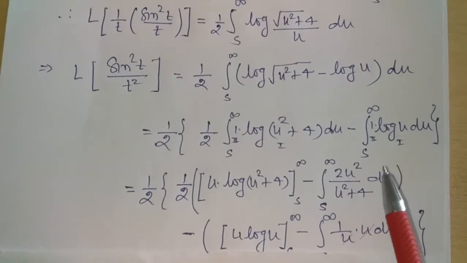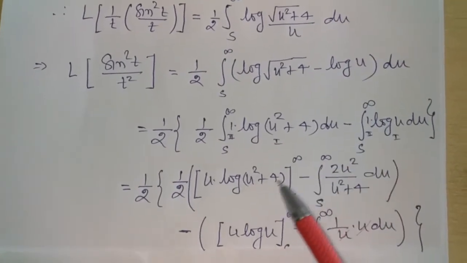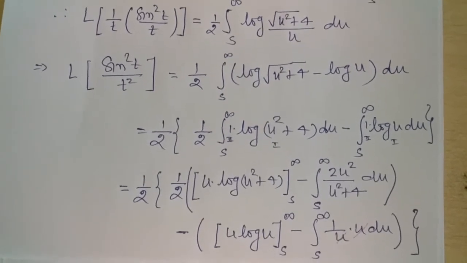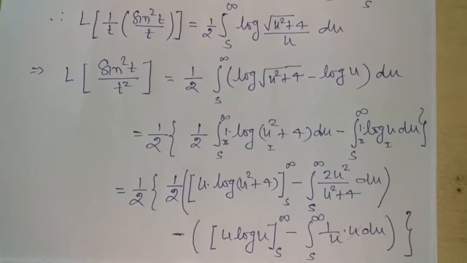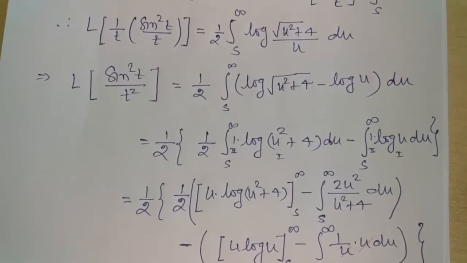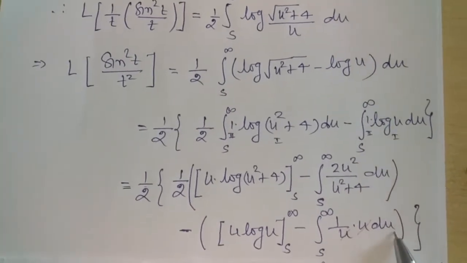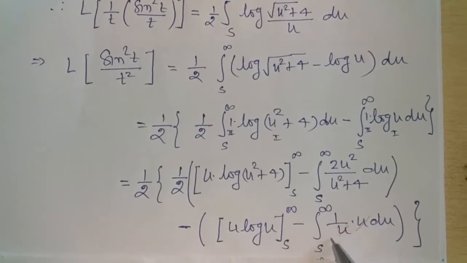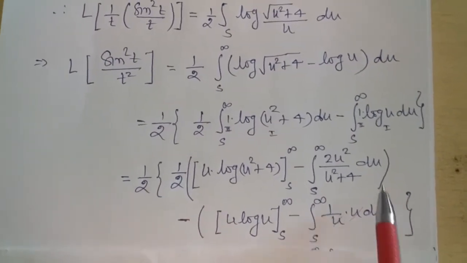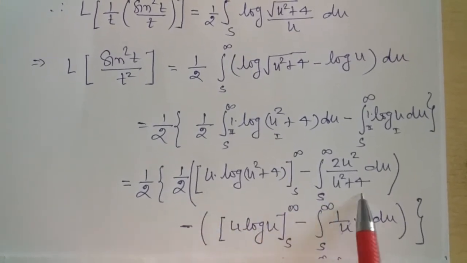So first as it is, log u, integral of second, so the integral of 1 is u, from s to infinity, minus the integral from s to infinity of the differential of first, so the differential of log u is 1 upon u, into the integral of second, so the integral of 1 is u du. So here u and u cancel. This 1 by 2 is multiplied by the whole expression, and this 1 by 2 is multiplied by this term only.